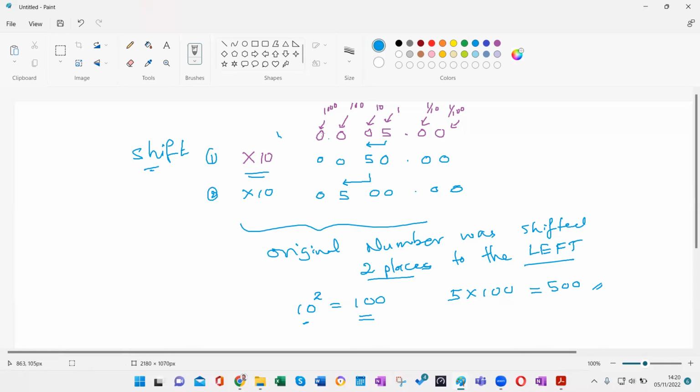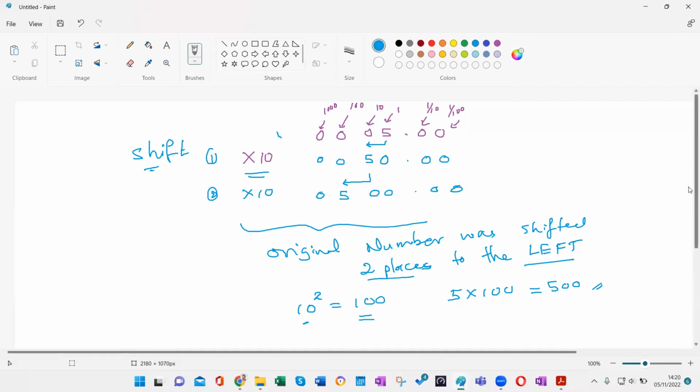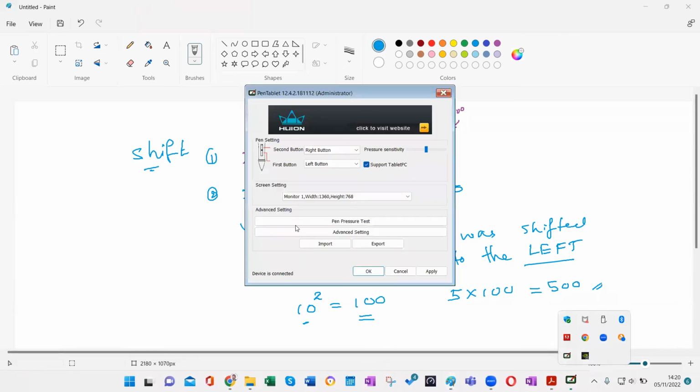If you shift the number of places at once, then the number of places that you shifted is going to determine the multiplier. So how do you get the multiplier? You represent it as a power of the base, right? Is that clear?